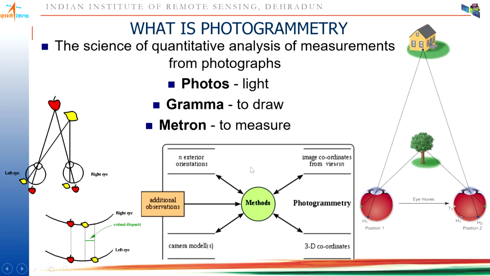As you can see here, these two objects, the red apple and the yellow pear, are at different distances from the eye. So the images are formed at different places, and we are able to get the respective depth of apple and pear from the eye.